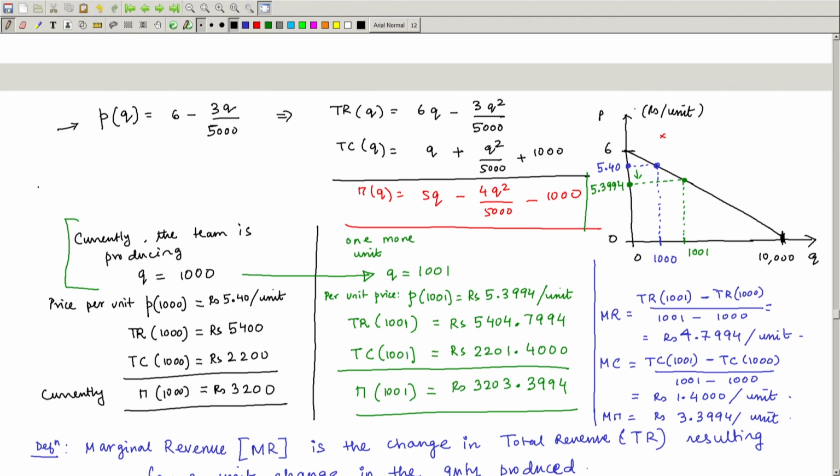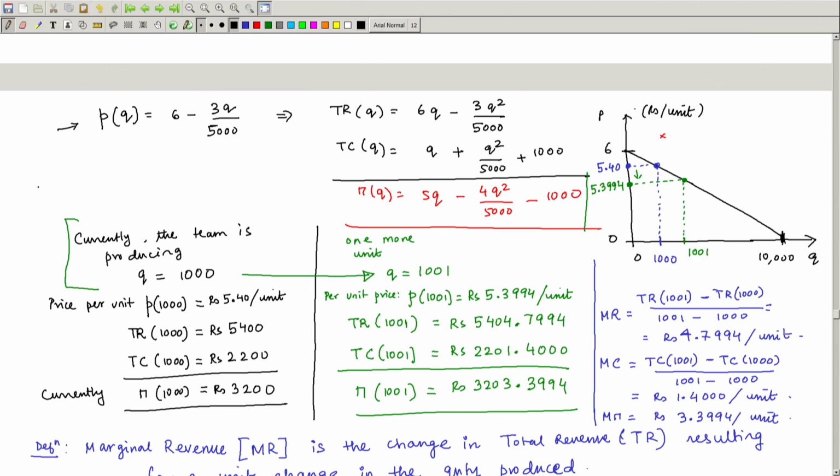Suppose the firm is currently producing 1000 units and you tell the firm to take the next step, which is producing one more unit. So, I increase the output from Q equal to 1000 to Q equal to 1001, and then I ask, has the profit increased by taking this one step?